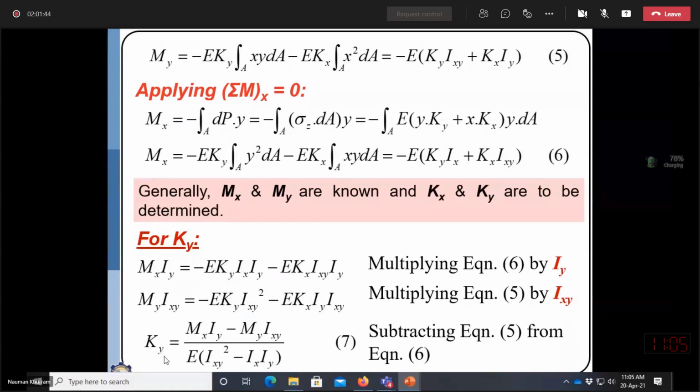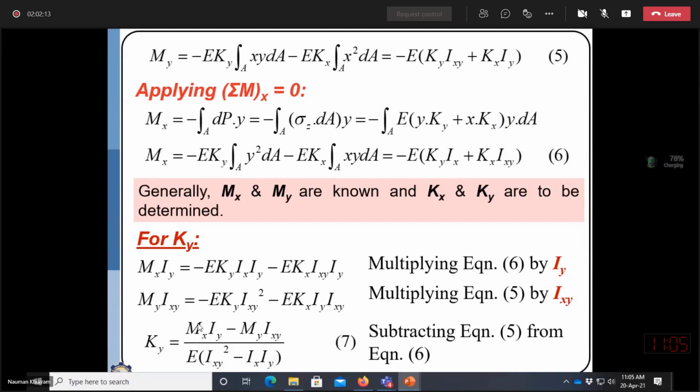Curvature ky is a function of moment about the x-axis, Mx, times the moment of inertia about the y-axis, minus My into Ixy, divided by E into product moment of inertia square minus Ix into Iy. So this is the equation of curvature about the y-axis in terms of moment.